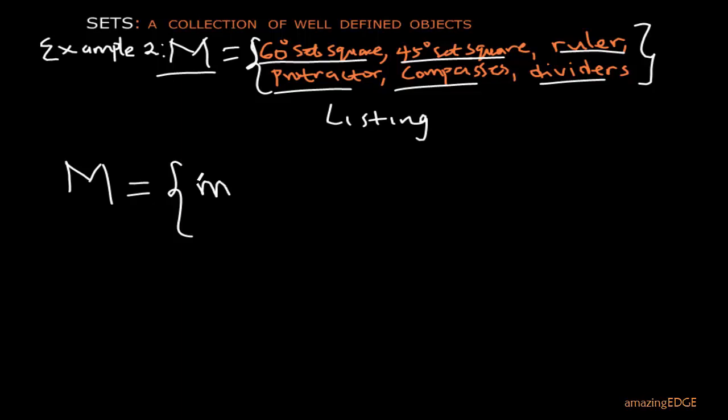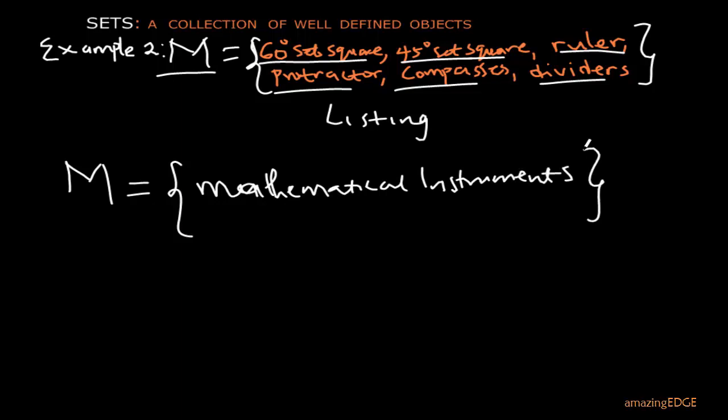In this case I'm using a set builder. I'm not listing the members of that set. The other one is where you give each of the members, which is what you call listing. So there are so many ways you can describe a set.